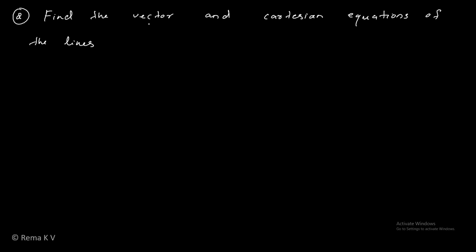Find the vector and Cartesian equations of the line that passes through the origin and (5, minus 2, 3).